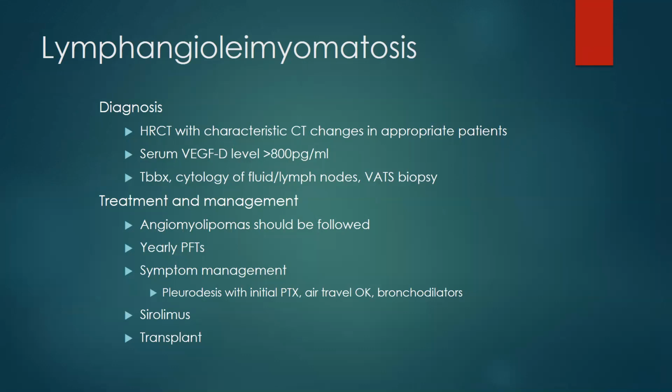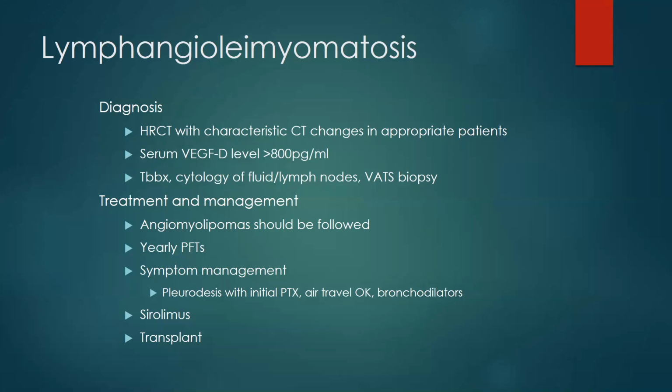If still unsure of the diagnosis, TBBX has a decent yield of about 60%. Cytology of fluids from the BAL or biopsy can also give a clue. And then you can do a VATS biopsy, although usually you want to try the less invasive diagnostics first.